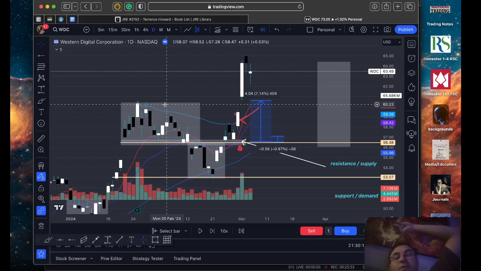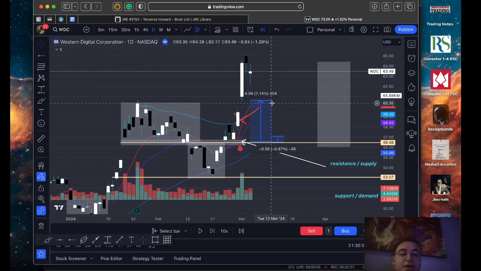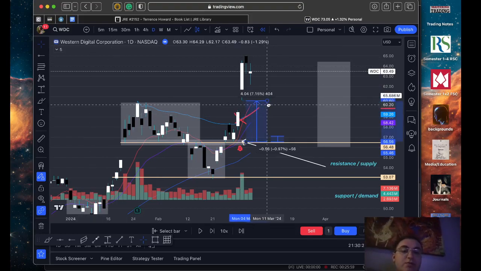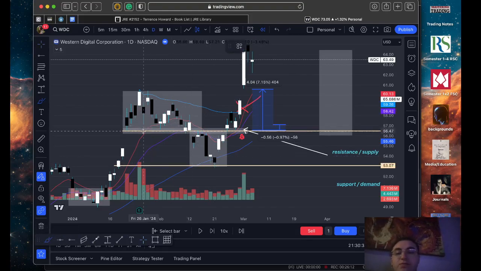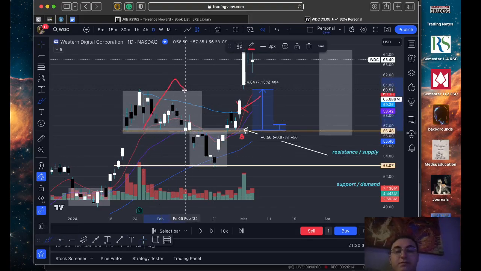Now, I can't talk about retests right now because that's going to be more of a trading strategy video when we dive into the trading strategy. But you can also optimize your risk to reward even more by entering on the retest. A retest is when you break above something and you attack it from that level right here.